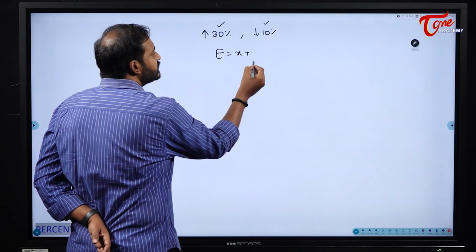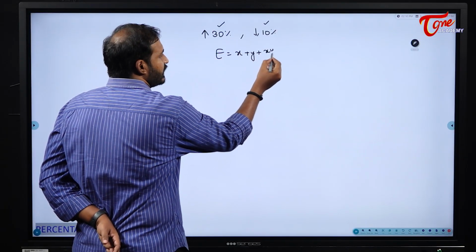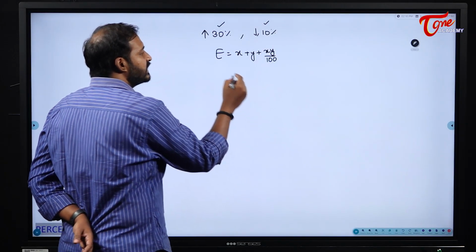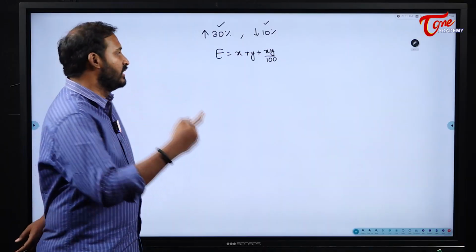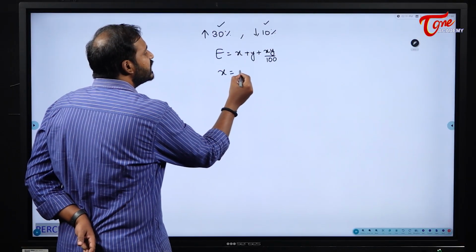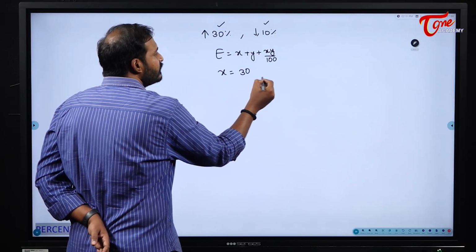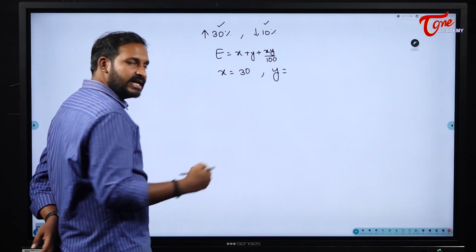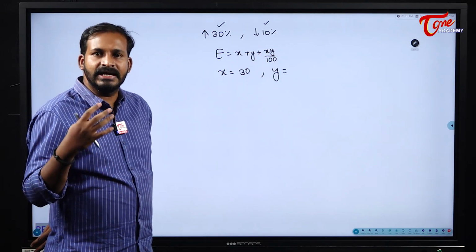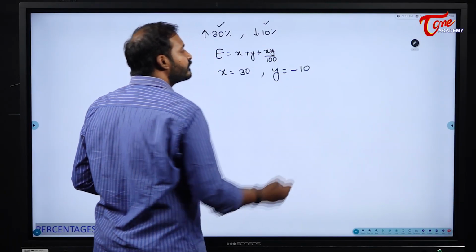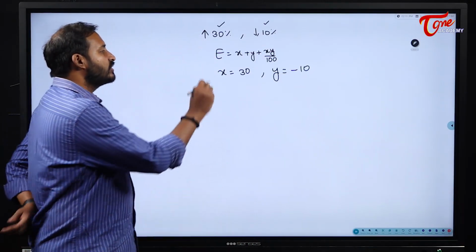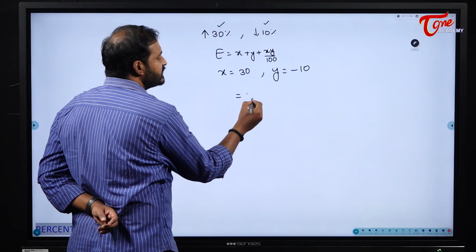I have X plus Y plus XY by 100. As I have already told you, if it is an increase, I take it as a positive value, so I take X as plus 30. When it comes to Y, this is a decrease, so I take it as a negative value, minus 10.